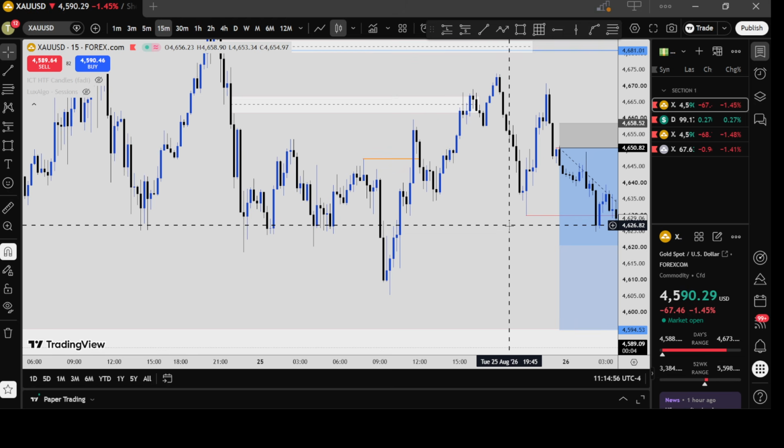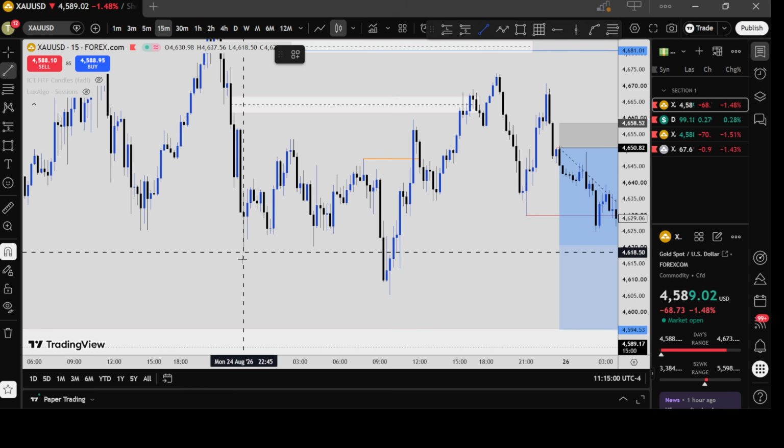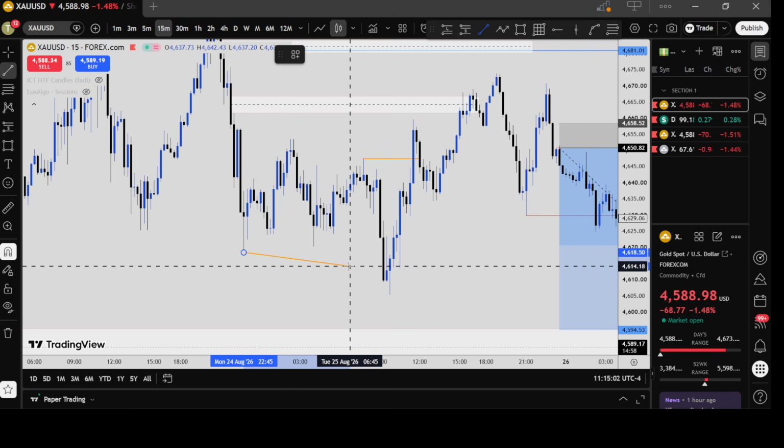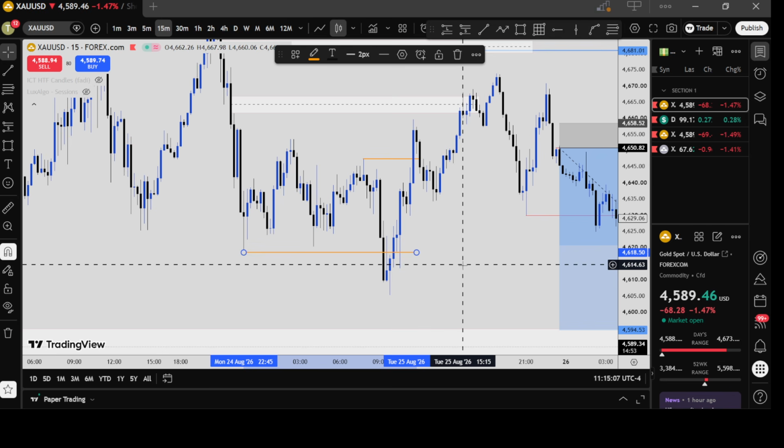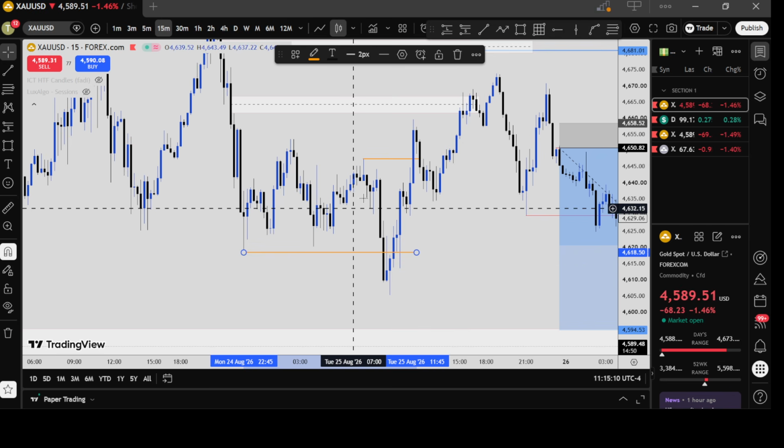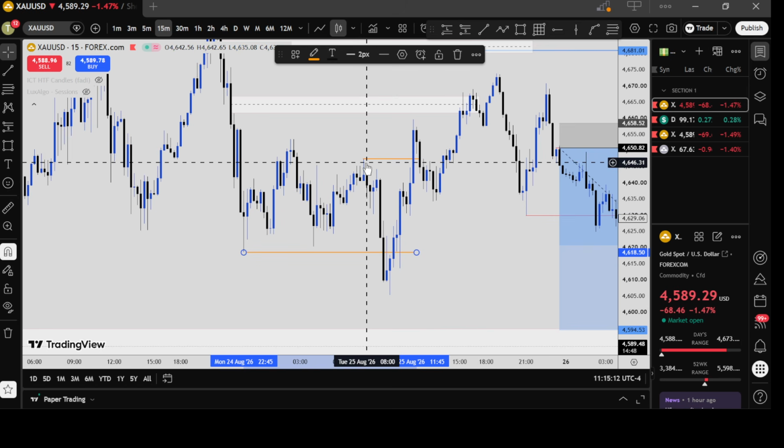So the trade I took yesterday was around this area. It was a counter trade because it swept Asia and London lows, and then we had this market structure shift here.